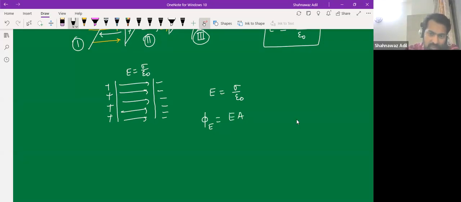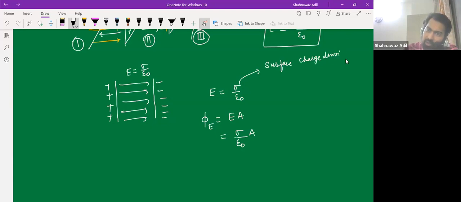And E I know, E is sigma by epsilon naught. And this is A. So what is sigma into A? What is this sigma? Sigma is the surface charge density.